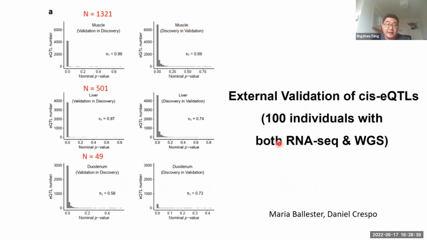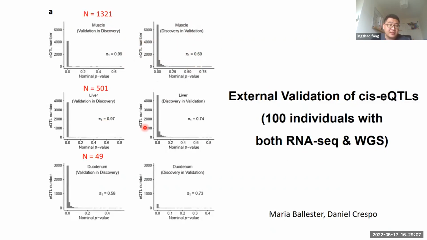It's a good thing that in this validation population they have both RNA-seq and whole genome sequence data, so we don't need to do any imputation anymore. We can directly get genotypes from the whole genome sequence. And then we looked at the pi1 statistics. We can replicate over 99% of the eQTLs detected in this external validation, but they can replicate 70%.